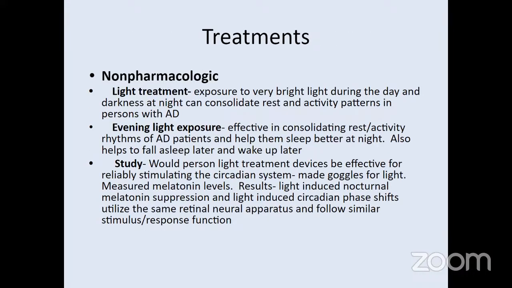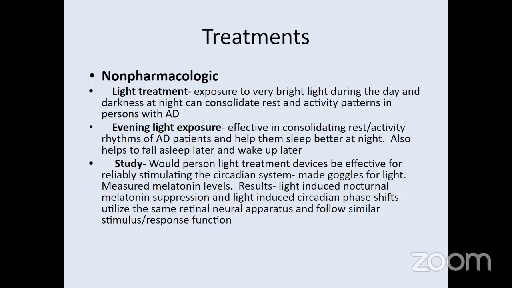So before moving to the pharmacological management, we are going to speak a little bit about some other non-pharmacological measures. These include light treatment, so exposure to very bright light during the day and darkness at night can consolidate rest and activity patterns in persons with sleep disorders.